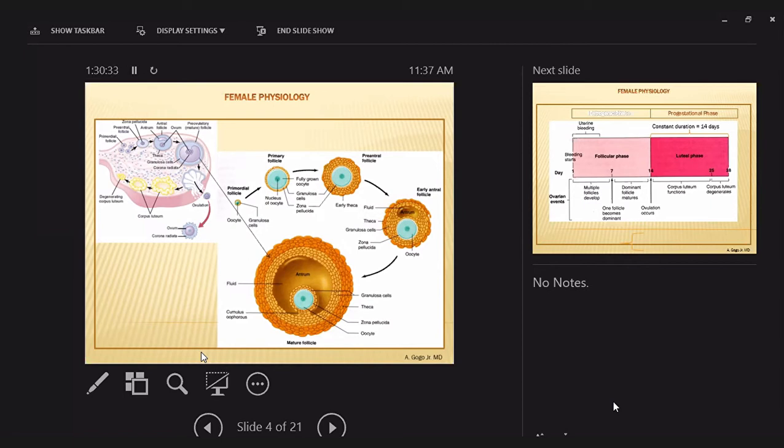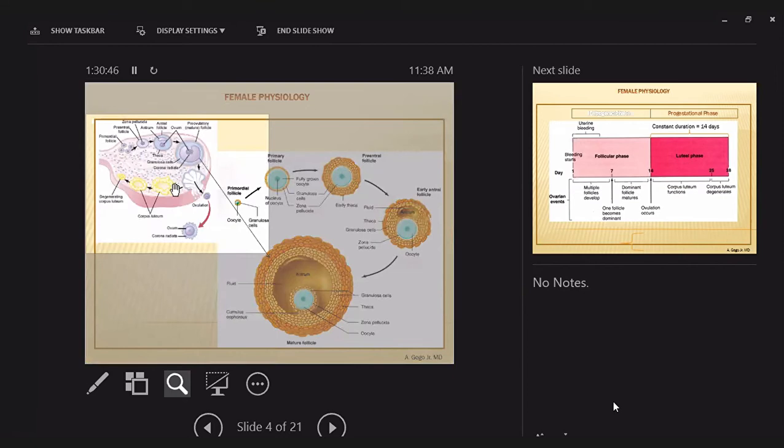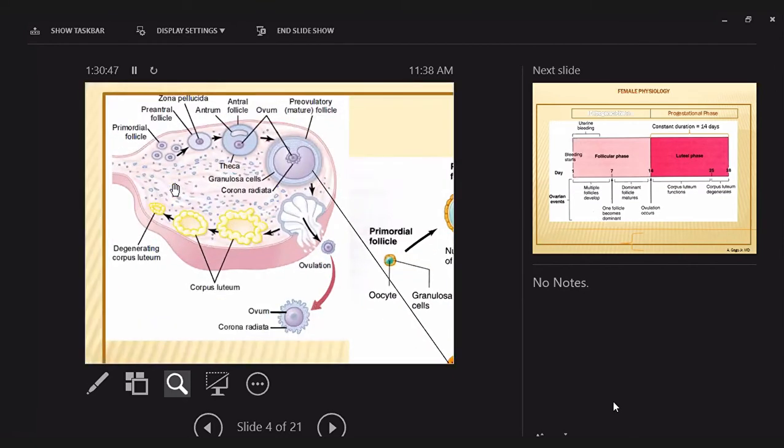This one, this is the one that will happen in the ovary.